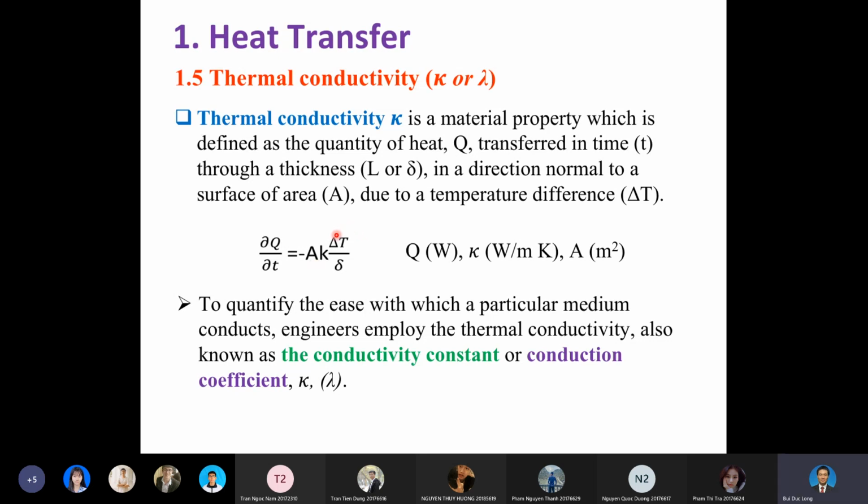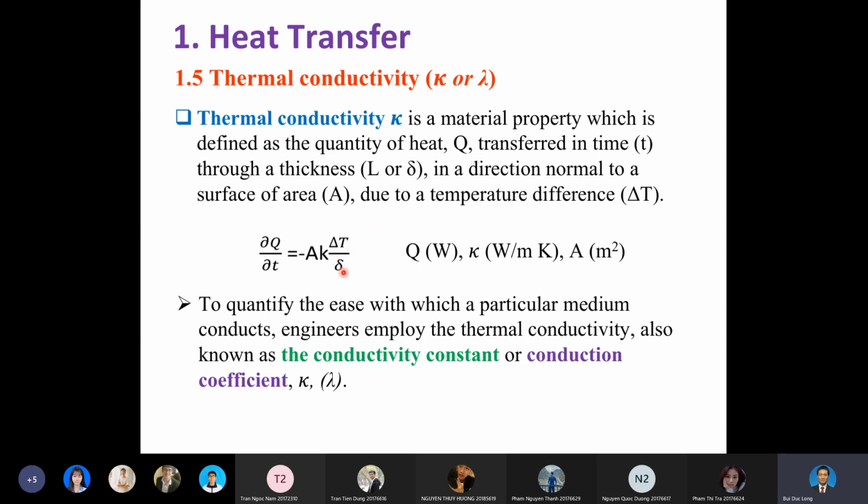And of course, the temperature difference between two different positions is also a factor, so the rate of heat transfer will be proportional to the temperature difference, delta T. And of course, if the object is thick, the rate of heat transfer will be smaller or reduced. So that's why we divide by the thickness, or delta here.